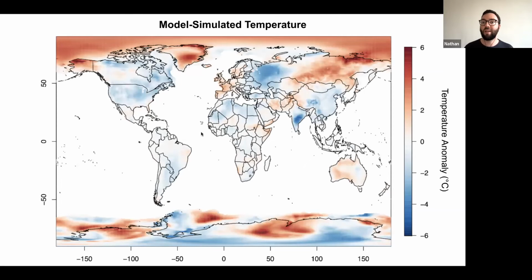With that, we're able to get a fake temperature field of what temperature might look like everywhere. This is model simulated temperature anomalies across the whole land surface. This isn't really observed temperature data, but we know that it looks very similar to how the Earth's temperature actually does look.